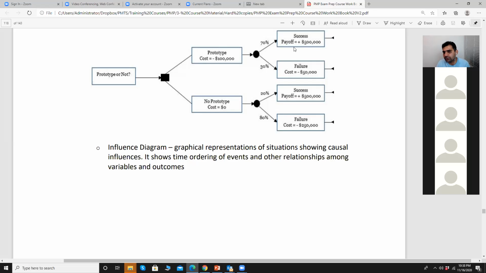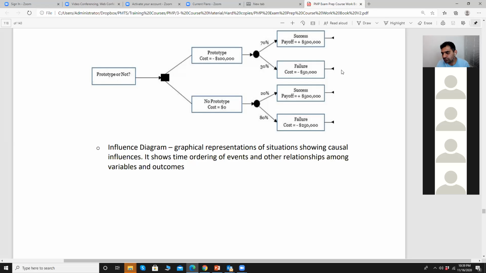By doing that, you can determine the value of each path. You can see this is one path. Prototype or not, prototype, success, payoff. And then what you are getting? 350,000. And then you determine the value of the next path.